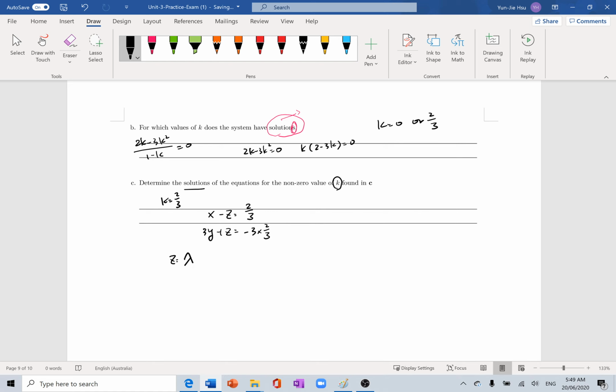So we get x minus lambda equal to 2 over 3, 3y plus lambda equal to minus 2. So you get x equal to lambda plus 2 over 3, y equal to (minus 2 minus lambda) over 3.